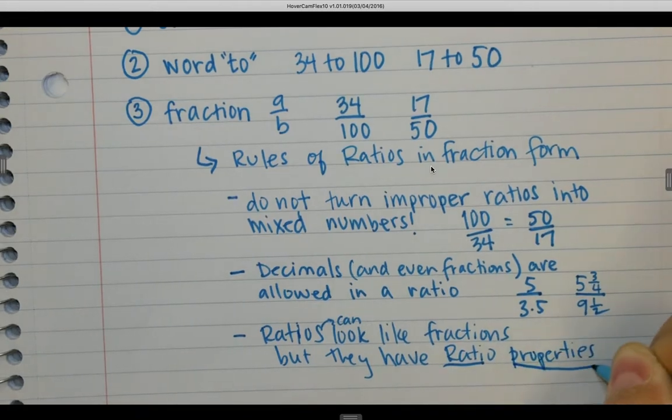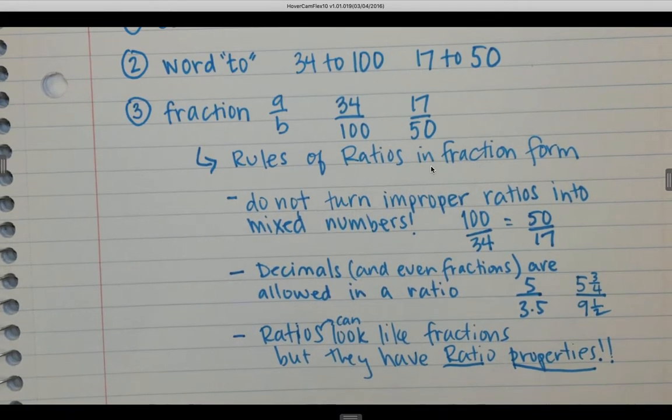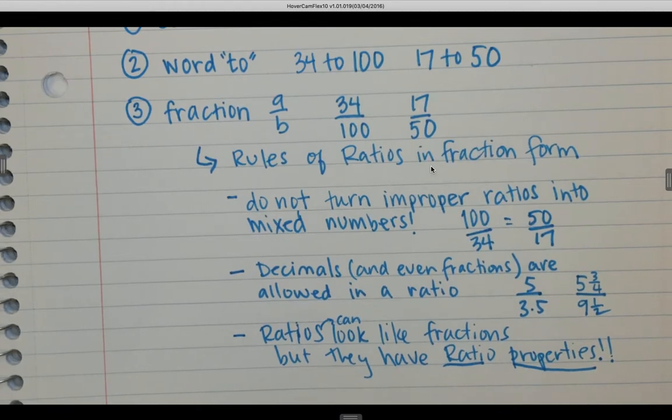Everything I just said, you have to remember. They are not fractions. It's not out of. They're not parts. Well, they can be parts, but I don't want to confuse you. Okay? It's a comparison of a quantity.